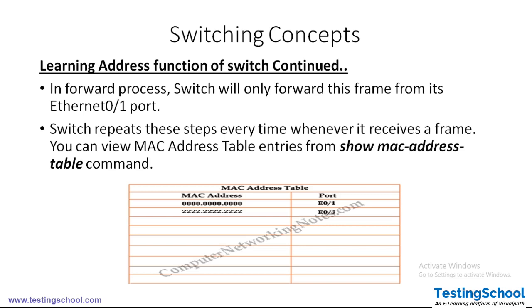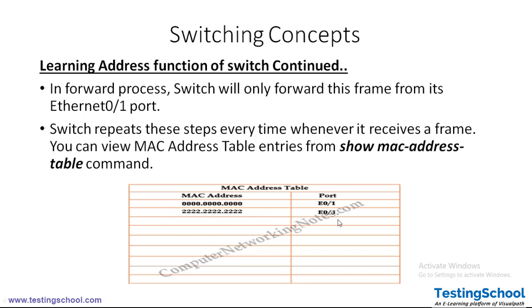You can view MAC address table entries with the show mac address-table command. So you can see here it is showing 0000 at Ethernet 0/1. This entry was made the first time when PC1 sent a frame, which was an unknown unicast because this second line was not present.